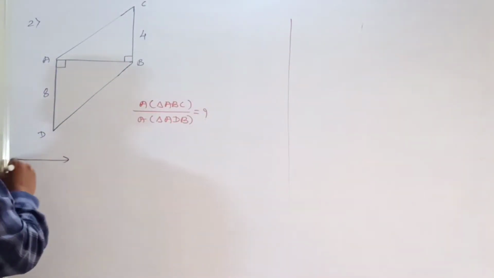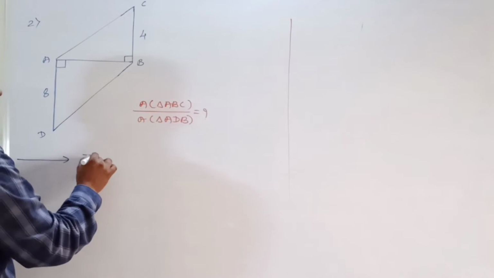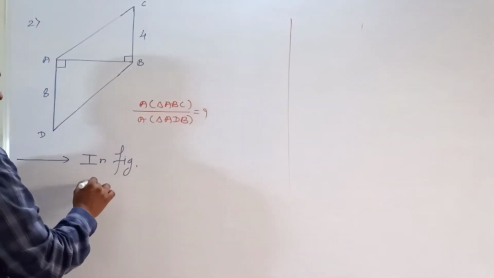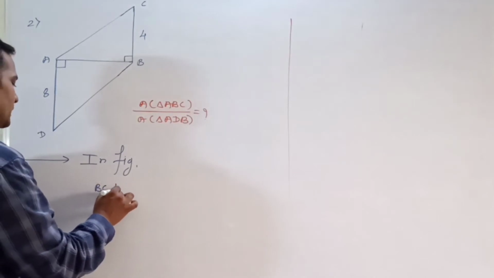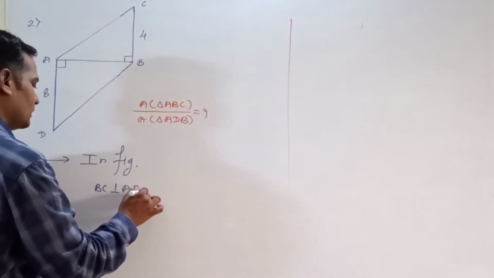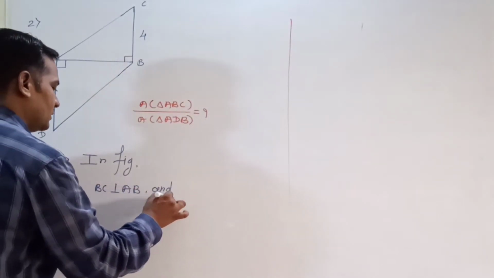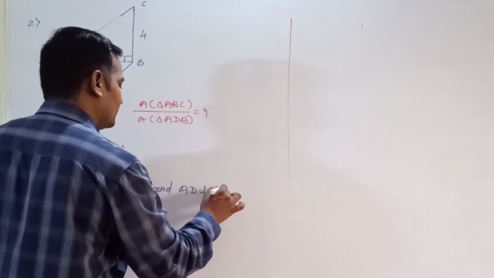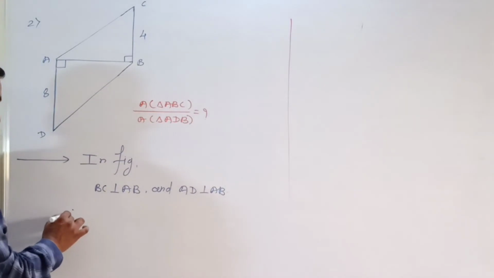How to solve this example? In the figure, this word is very important. In the figure, BC is perpendicular to AB and AD is perpendicular to AB.